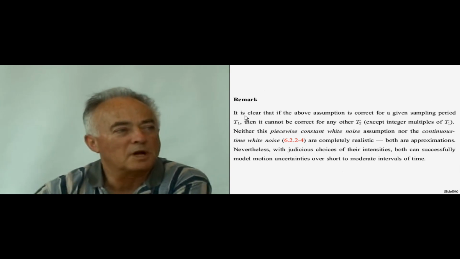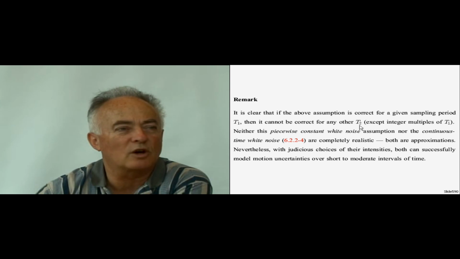An important remark about this model is as follows. It is clear that if the above assumption is correct for a given sampling period, T1, it cannot be correct for any other T2 except if T2 is an integer multiple of T1.